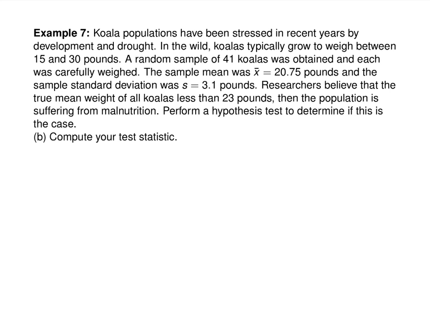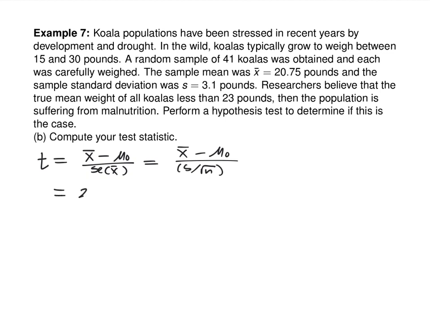So now let's find the test statistic. So remember, the t statistic is equal to x bar minus mu naught over the standard error of x bar, or x bar minus mu naught over s over root n.